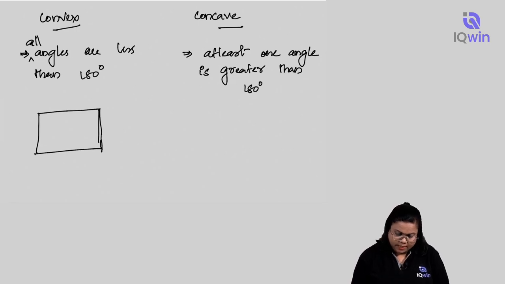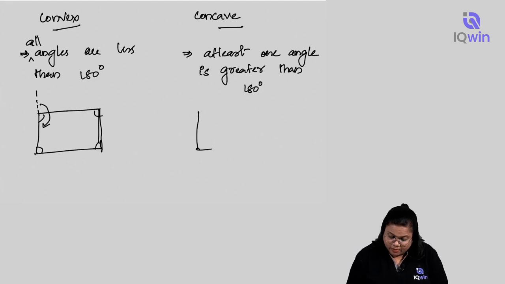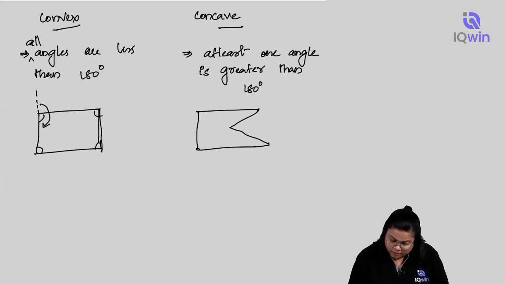See, here we can see that this angle is less than 180. How can you understand it is less than 180? So this is 180 degrees, and you can see here that it is less than 180. So all the angles are less than 180. What can be an example of a concave polygon?